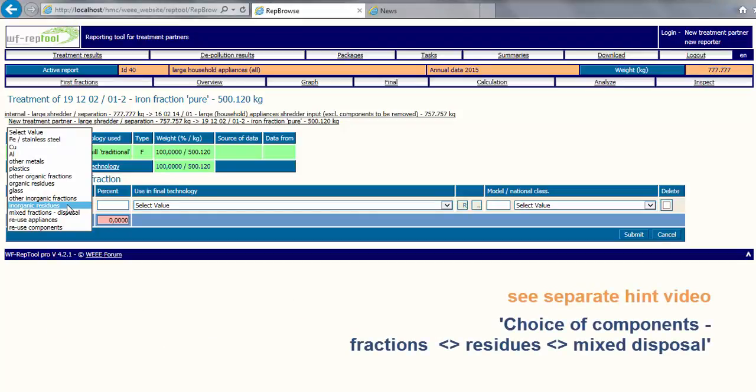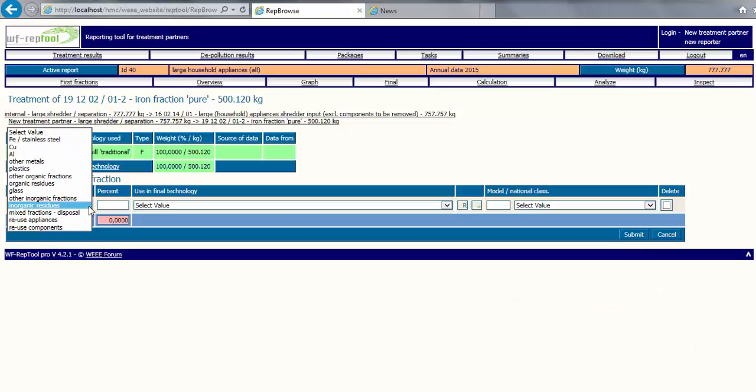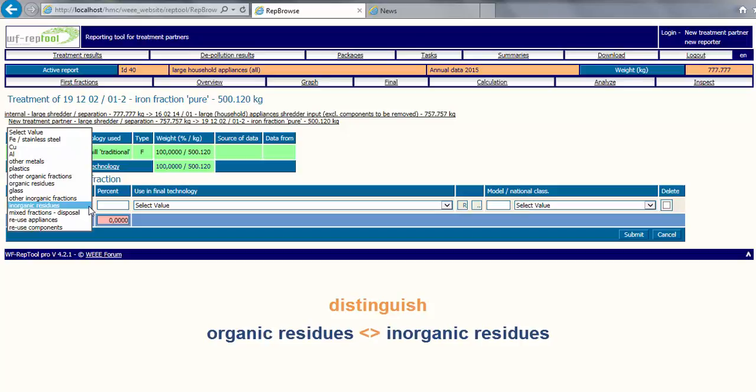Please also for this have a look at the separate video on how to distinguish fractions from residues and mixed disposal. As far as you can, distinguish organic and inorganic residues, as the possible use in the final technology may be different.